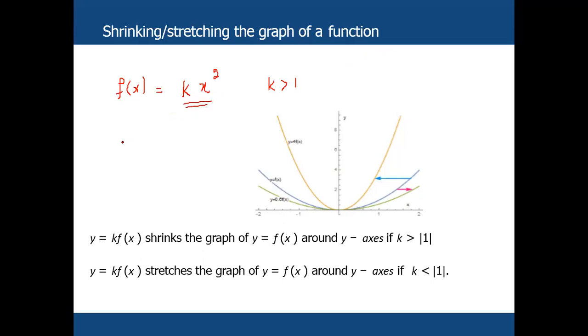And if we multiply with a decimal number like 0.2, or if we divide by a number like 4 or 5, the graph will expand sidewise, like it will stretch.